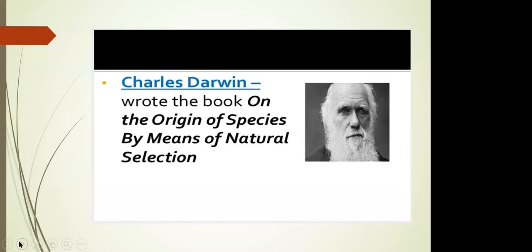And he wrote a famous book, On the Origin of Species by Means of Natural Selection. He explained about nature, the diversity of animals, and differences between organisms.